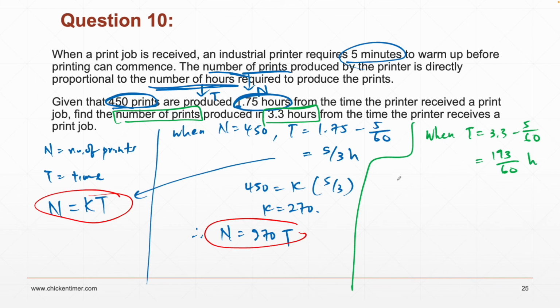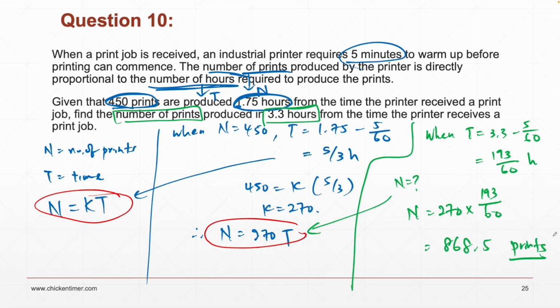Then they ask for N. What is N? You take this T value and put it into the equation. So N equals 270 times 193 over 60, which equals 868.5 prints. So this is how you use the direct proportion equation, y equals kx, to do a problem sum like this.